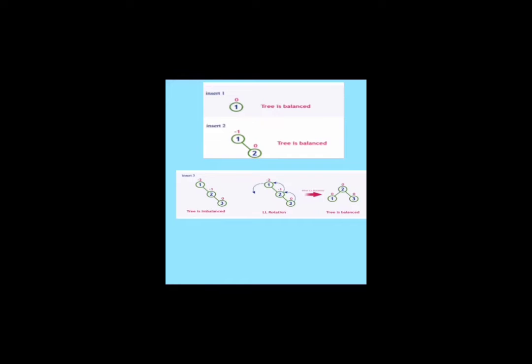Next, insert the element 3. It should be inserted as the right child because 3 is greater than 2. As you can see, the balance factor of 3 is 0, the balance factor of 2 is -1, and the balance factor of 1 is -2. We have to perform the left rotation. As you can see by the arrow, since 1 is now invalid, the 2 will become our parent node.